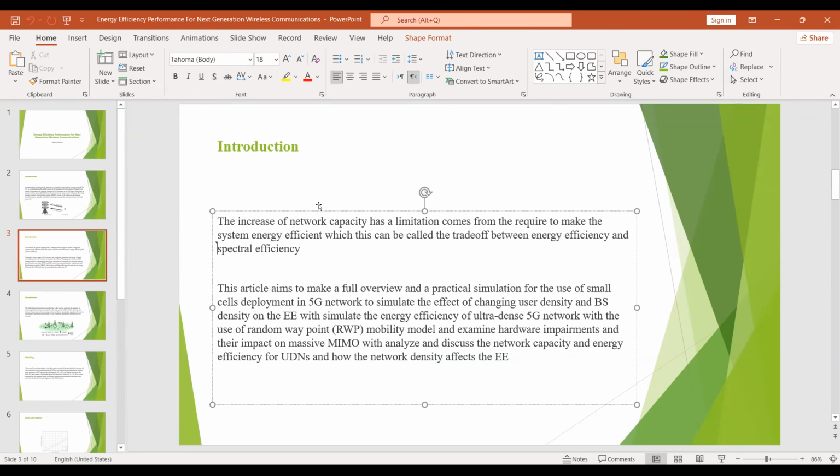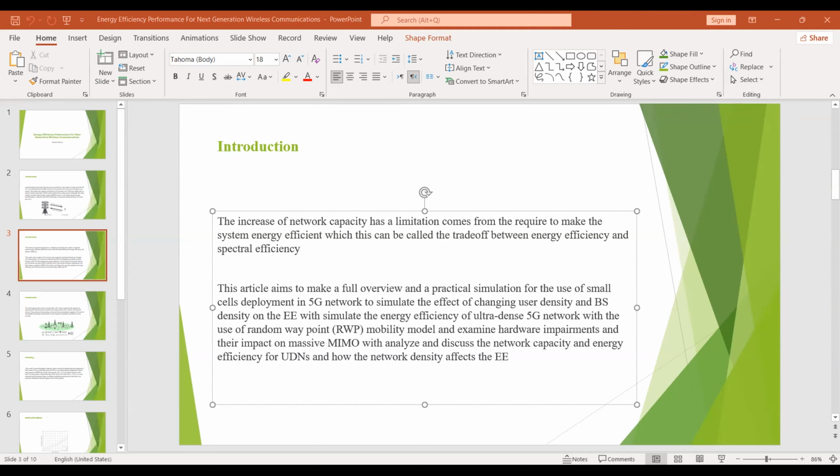We know that for 5G wireless communication, the antenna is small because of the high frequency from millimeter wave. The frequency starts from 28 gigahertz until 300 gigahertz. So this high frequency means we need a small antenna, called a small cell.